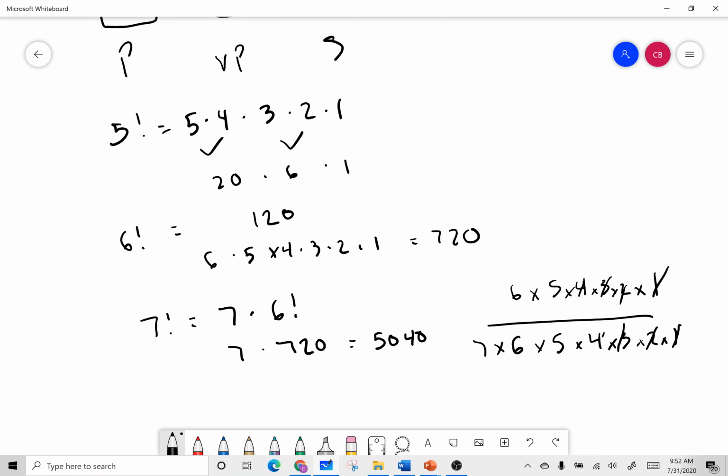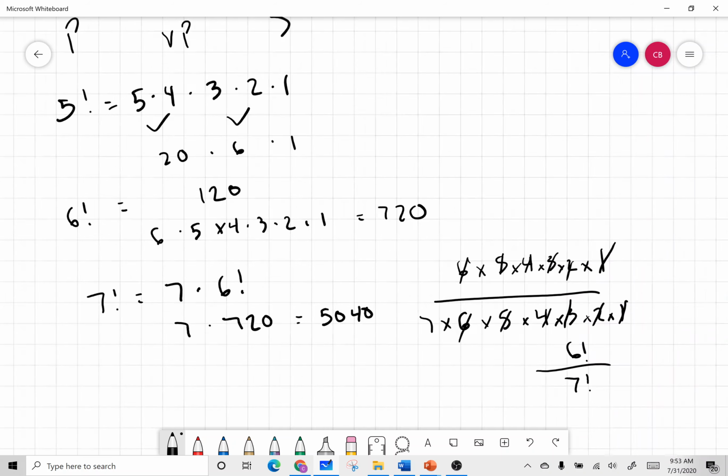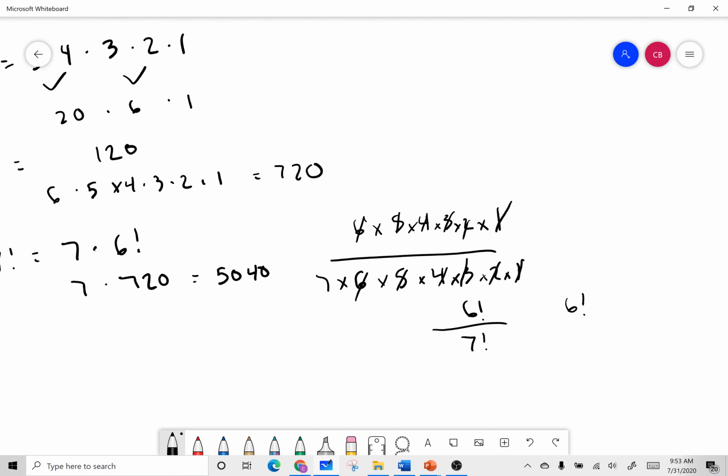I mean, you can technically do this, but it's a lot easier to have 6 factorial and then 7 factorial, and then just write this as 6 factorial, 7 times 6 factorial, and then cancel that, because that would leave you with 1 over 7. Okay, that's a lot quicker.